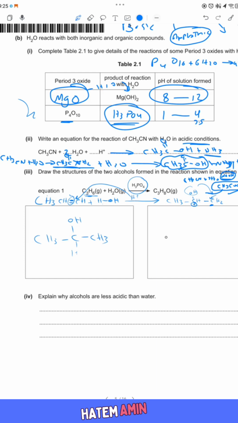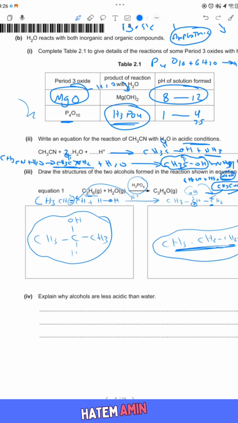The second structure will be like that, CH3, CH2, here we have CH2, and OH will attack the first carbon to give us the second structure, alcohol. The first one is a secondary alcohol, and the second one is a primary alcohol.